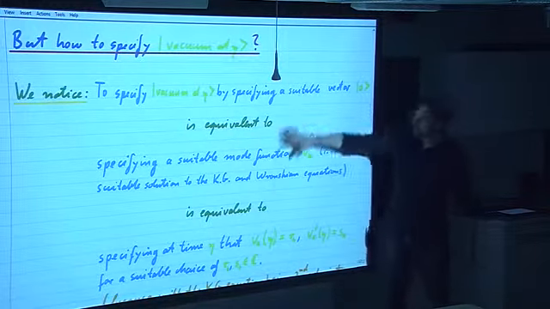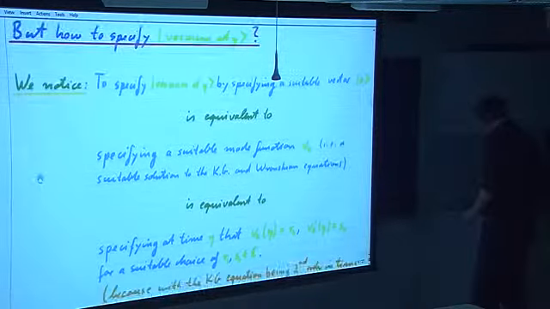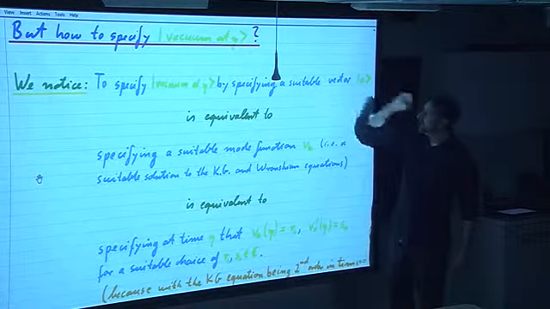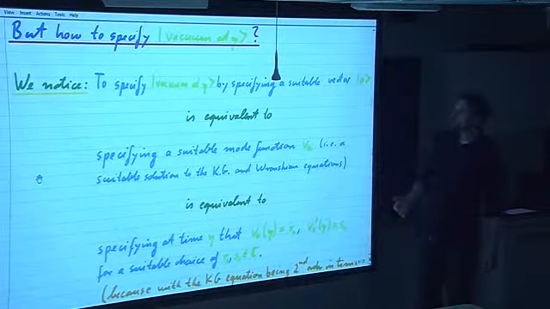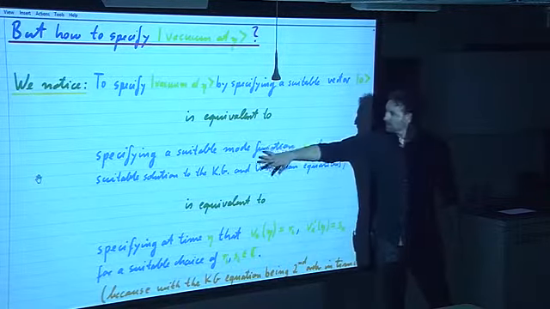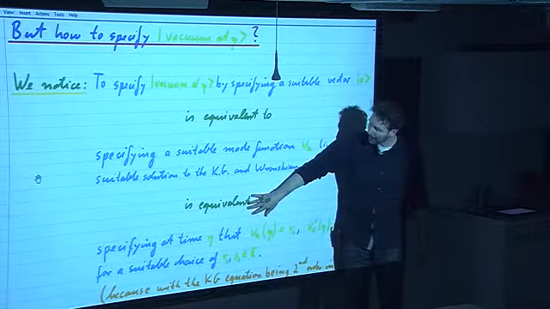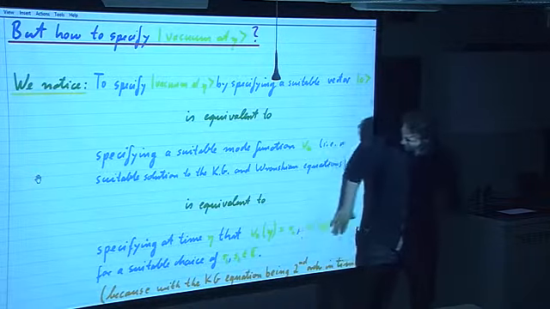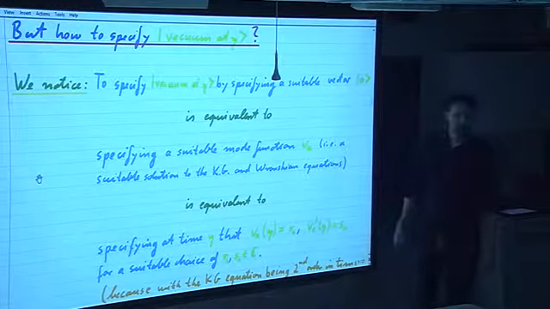Now, here's this equivalence that I was trying to prepare you for. You will notice that to specify a vacuum state at a particular time eta is equivalent to specifying a suitable set of mode functions, which is equivalent to specifying the initial conditions of the set of mode functions at some choice of time, at your choice of time.